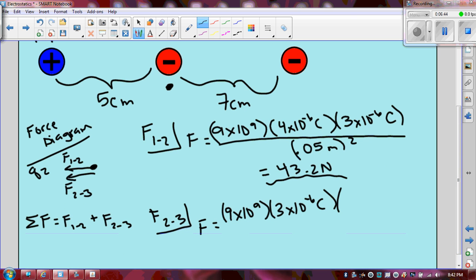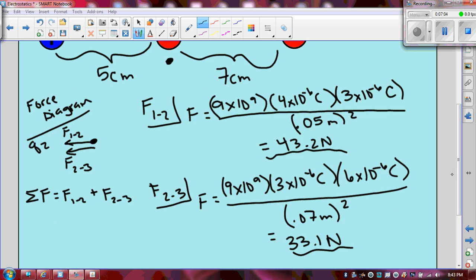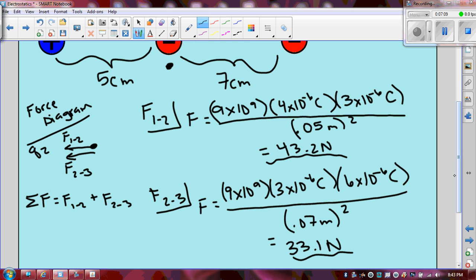And so absolute value just makes that 6 times 10 to the negative 6 coulombs. And then that distance is going to be 0.07 meters, and we are going to square that. Let's go ahead and calculate that. When you calculate that out, you should get approximately 33.1 newtons as the force between charge 2 and charge 3.